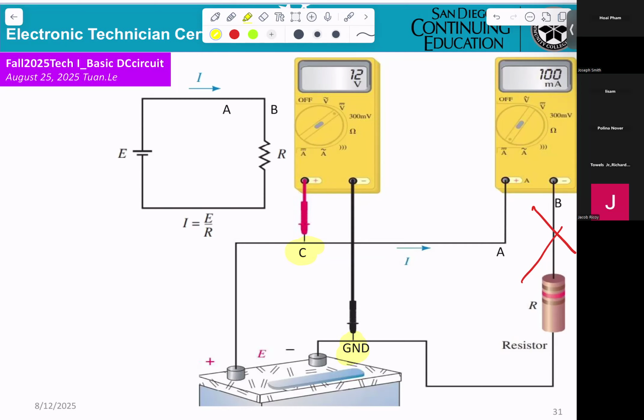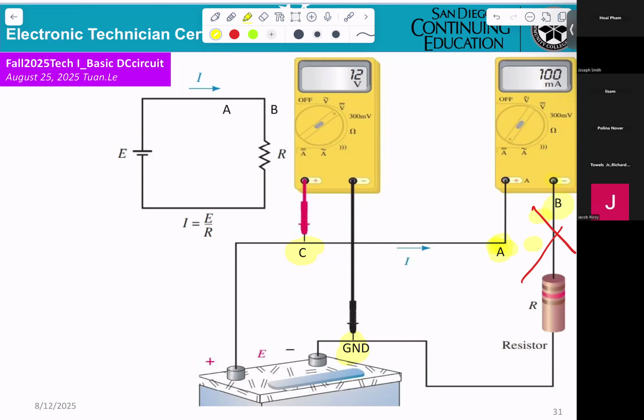However, when you measure the current, the high side you can connect to one point, and you have to break the circuit between point A and point B. High side connects to A, low side connects to B.